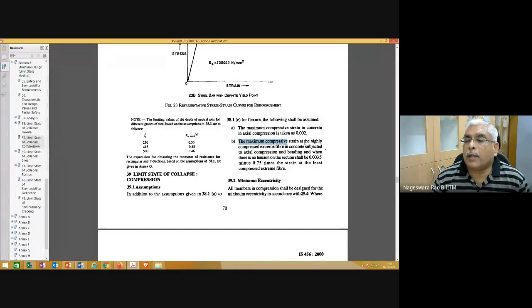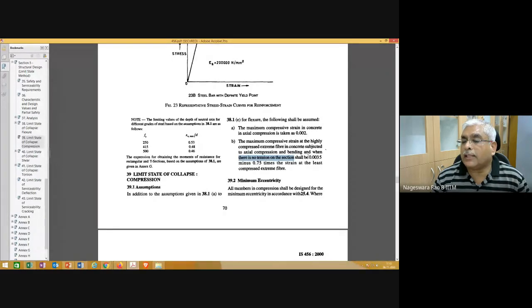The maximum compressive strain in highly compressed extreme fiber in concrete subjected to axial compression and bending, and when there is no tension on the section, so the entire section is in compression or zero value of compression, shall be 0.0035.